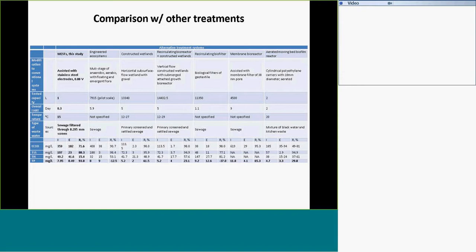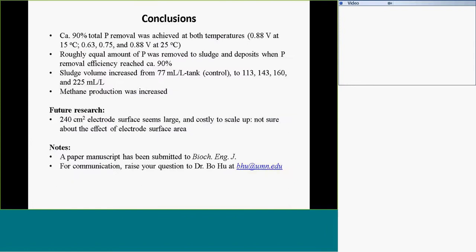Some people add iron oxide, ferric oxide, ferrous oxide, more than 10 different species of iron minerals. None of them could exceed our electrochemical process in terms of phosphorus removal.